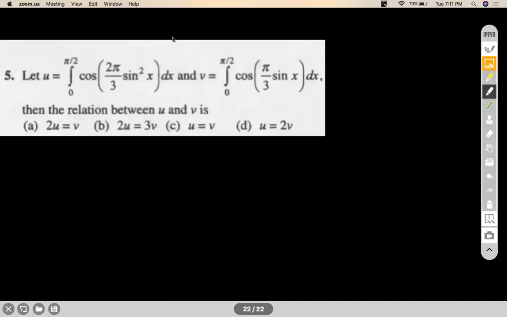Very good. So this is a question where you have to relate your integral u with v.